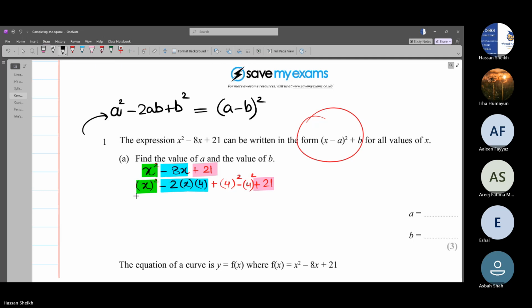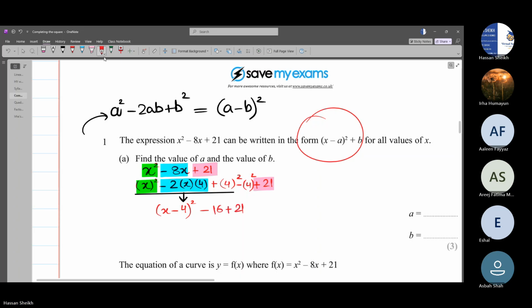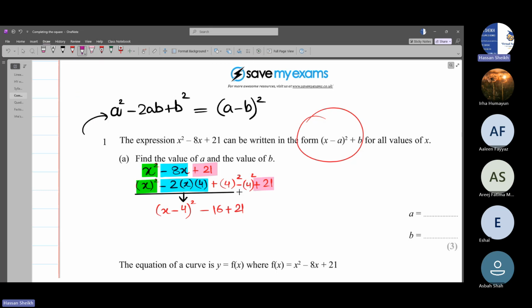Is it balanced with the expression above? And then this can be written as a minus b whole square, where a is x in my expression and b is 4. Agree? And then minus 4 square is minus 16 plus 21. Agree? The purple underlined one.